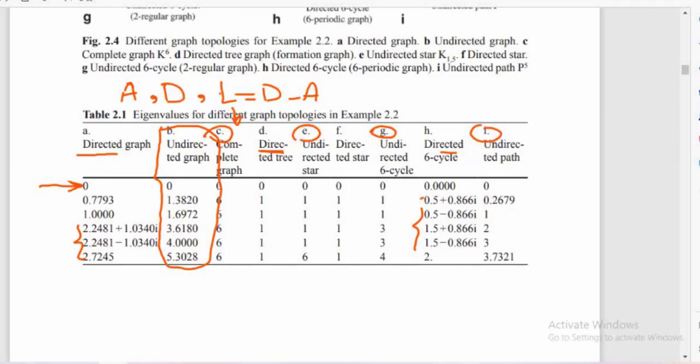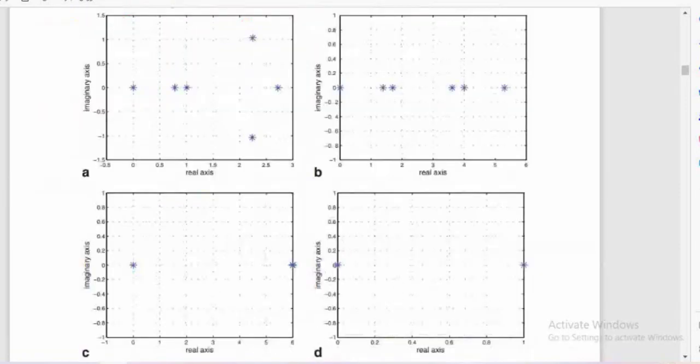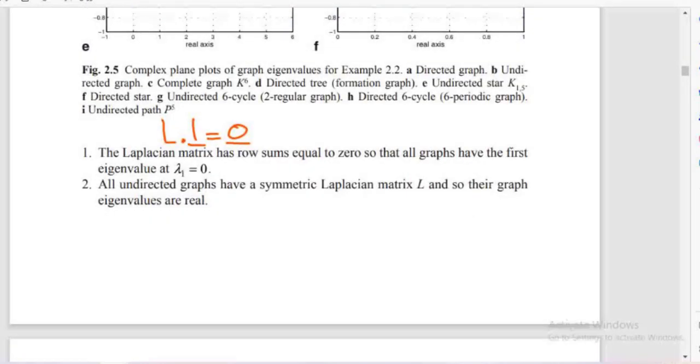Okay? In an undirected graph, the eigenvalues are all real. But in a directed graph, maybe you have imaginary eigenvalues.